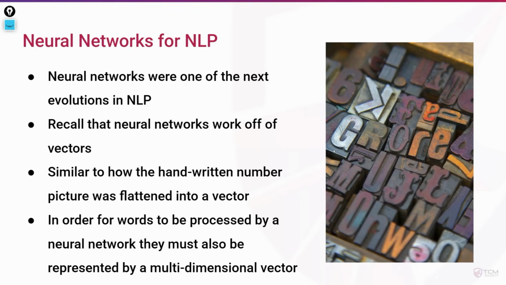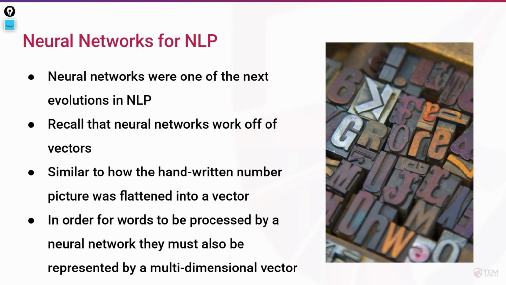So recall that neural networks, of course, work off of vectors. If you think back to the previous section of the course where we were introduced to neural networks, we were using that handwritten number, a picture that was a grid of pixels that we flattened down into a vector. And then we were able to put that vector through the network, use it for training, and then also inference afterwards to be able to predict which handwritten numeral was drawn.